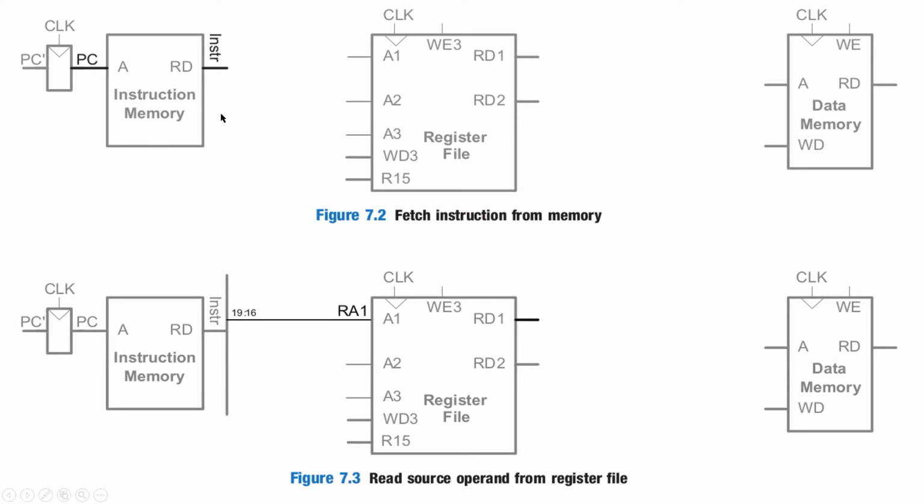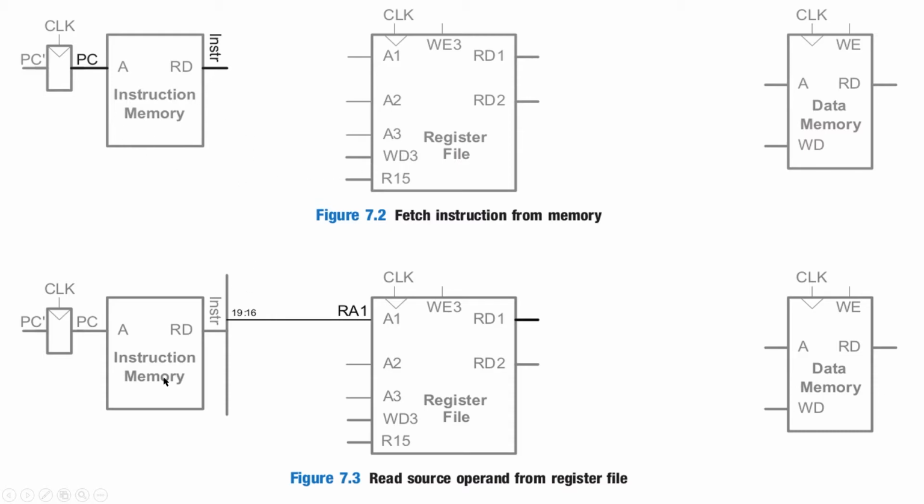The instruction memory contains all the instructions that need to be executed. Each instruction in a single cycle microarchitecture is executed once per cycle. The register file contains all the registers from 0 to 15, that's 16 registers, and the data memory, which we're going to be talking about later.